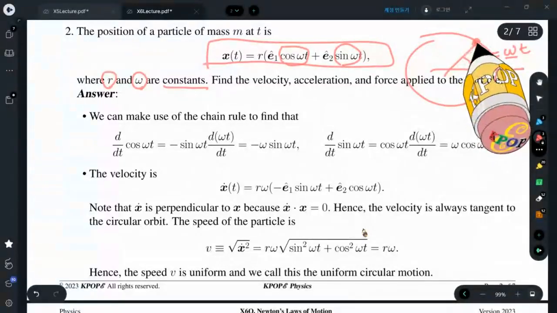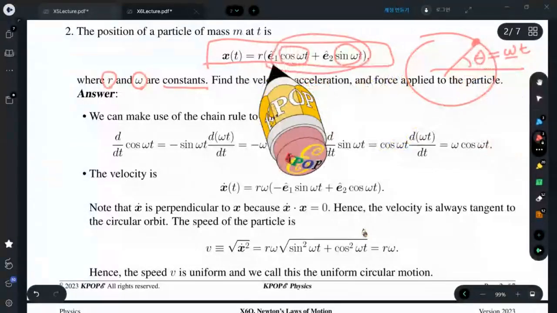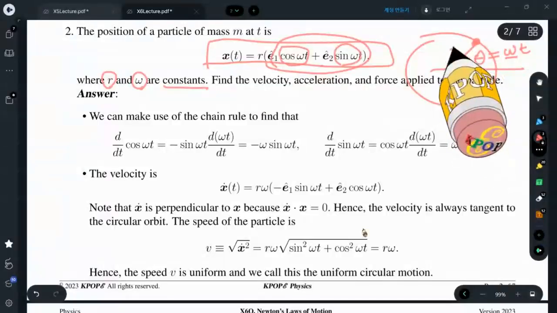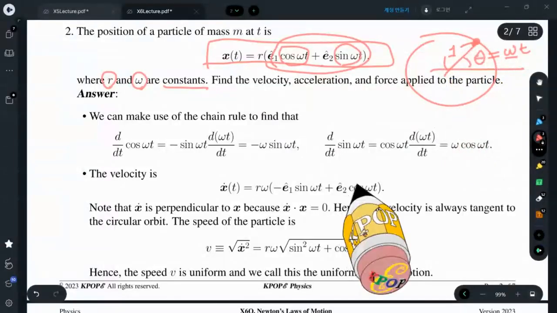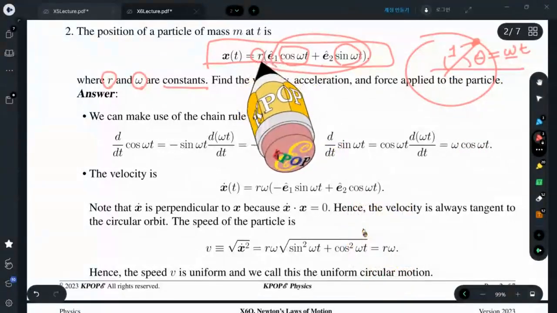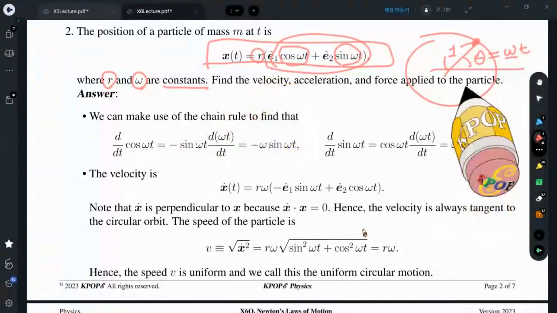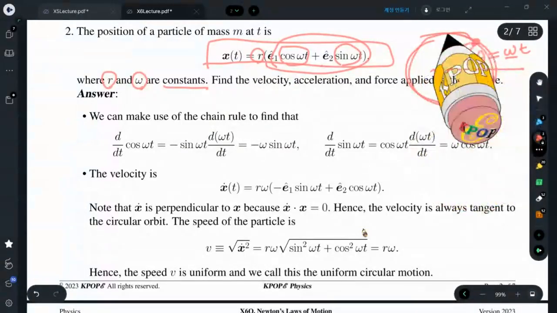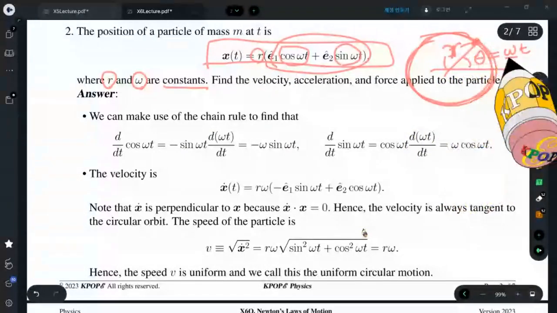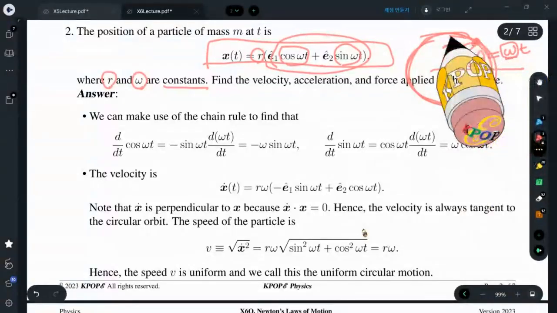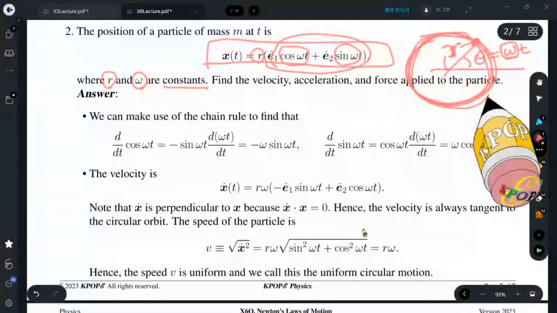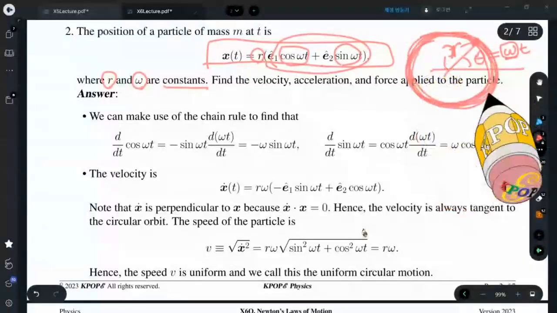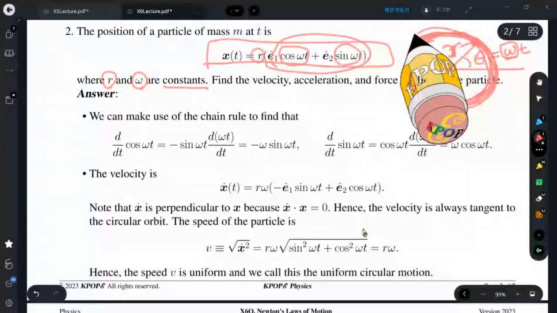Okay, so this is a point. This vector represents a circle of unit radius. And then after that, we multiply the constant radius. So it becomes a radius r, and radius is fixed, and angular velocity is fixed. So it is called uniform circular motion.